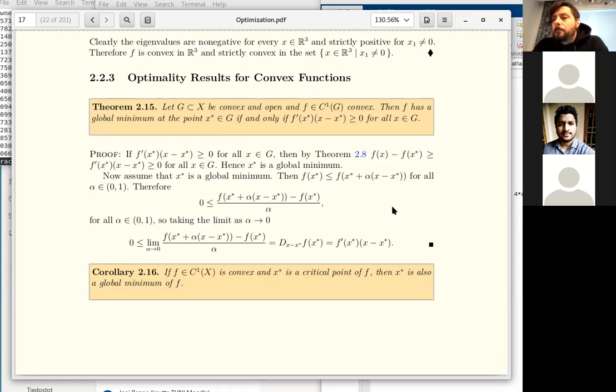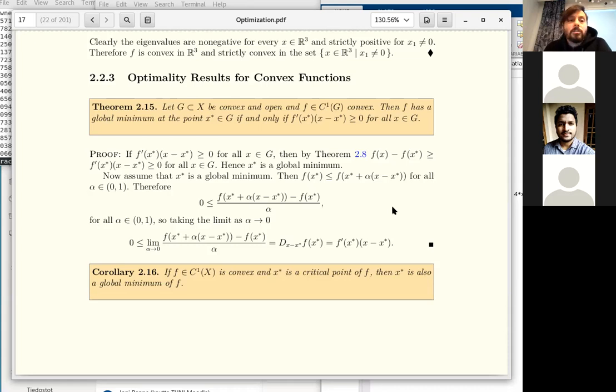So really, unconstrained minimization of convex functions is tantamount to finding a 0 of the gradient, because if we find that point, then we're done. That's what it says. Find the 0 of the gradient and you're done. That's the minimum if you are dealing with a convex function.